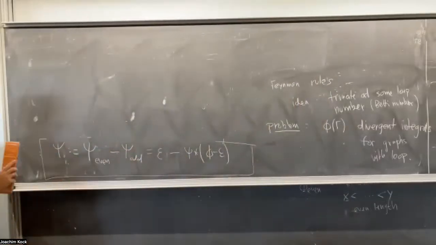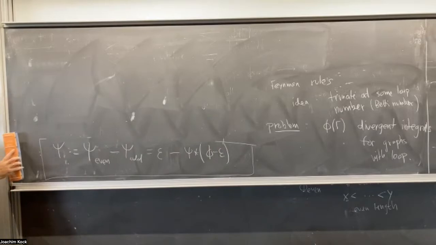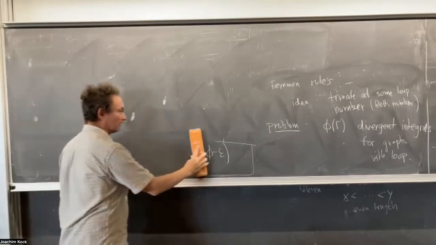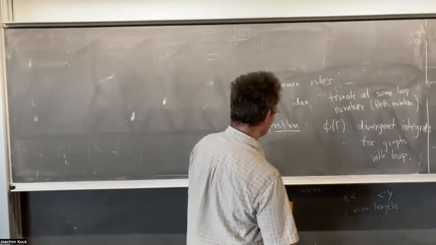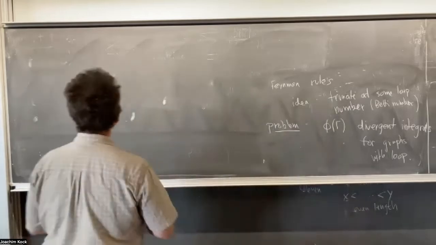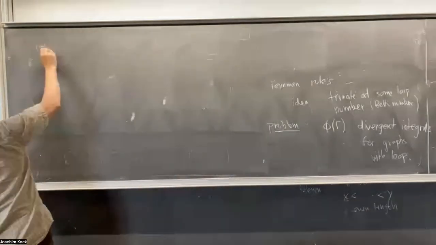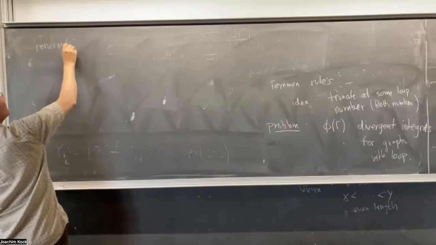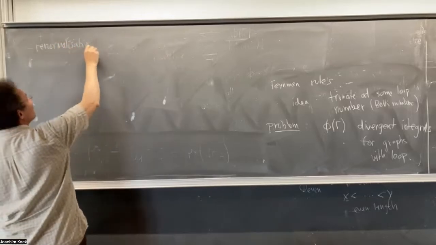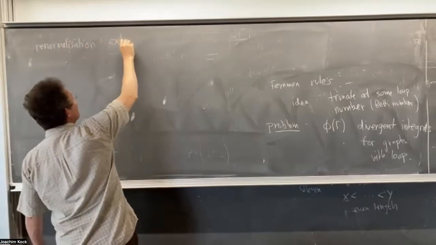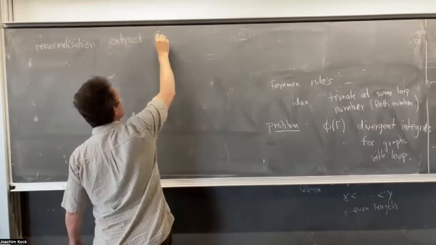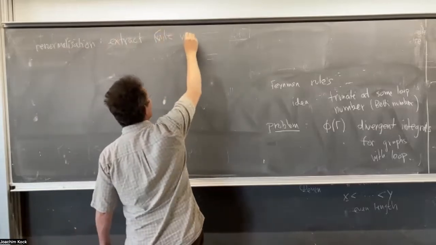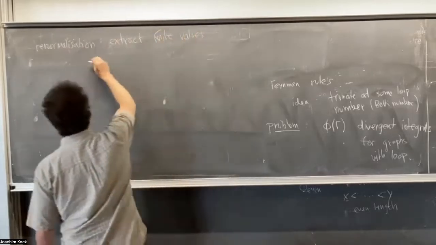I think I will erase this. Please have it in your head. So renormalisation is to extract finite values for each graph.